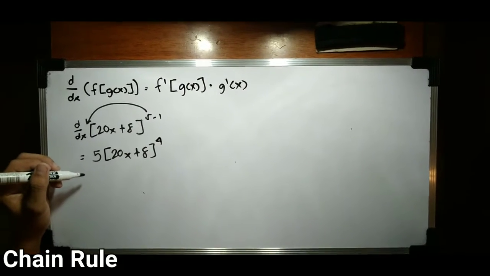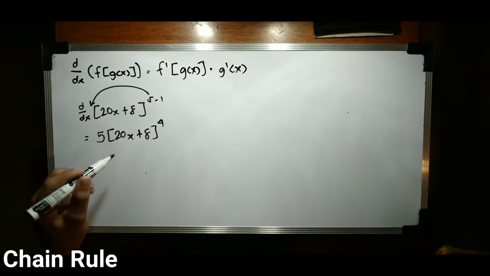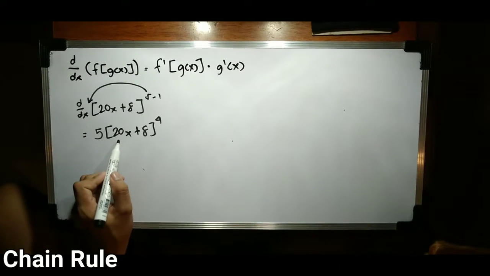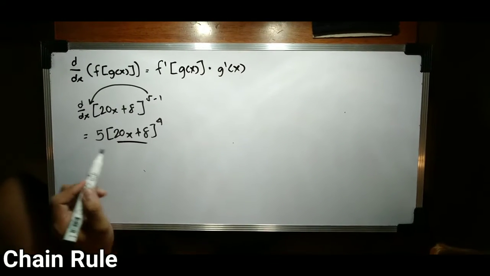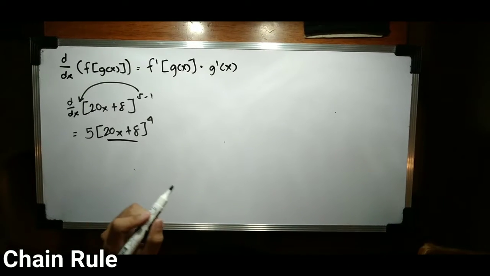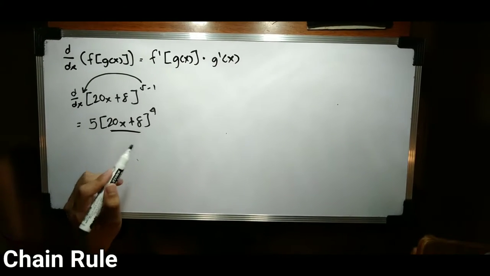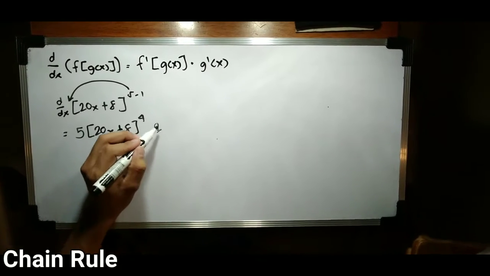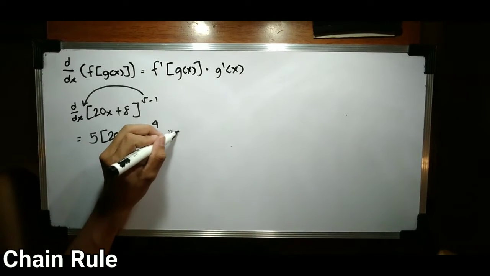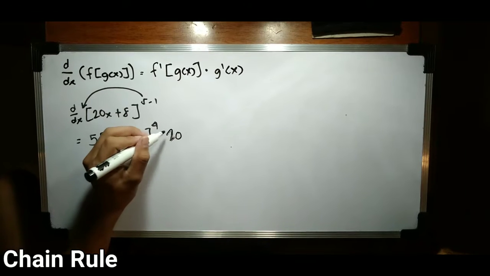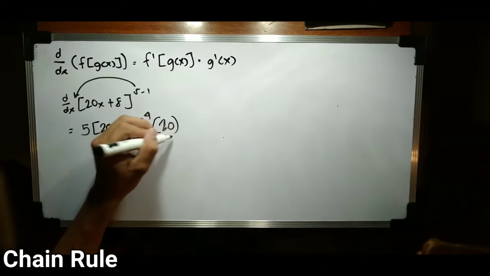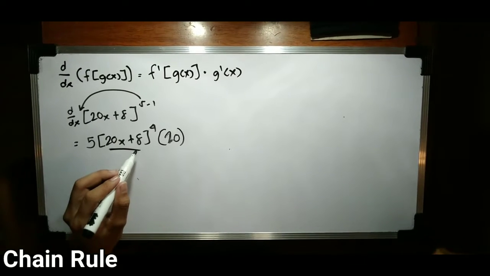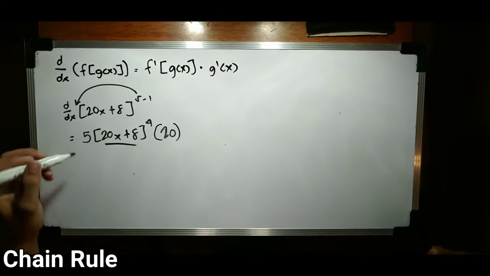Then we will multiply it by the derivative of the inside part of the function, which is the 20x plus 8. So the derivative of 20x is simply 20. Then the derivative of 8 is 0 due to the fact that 8 is constant.